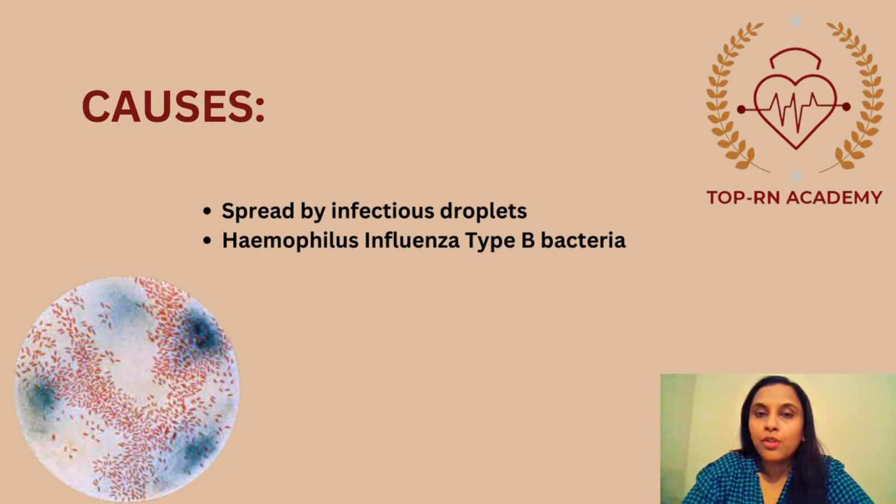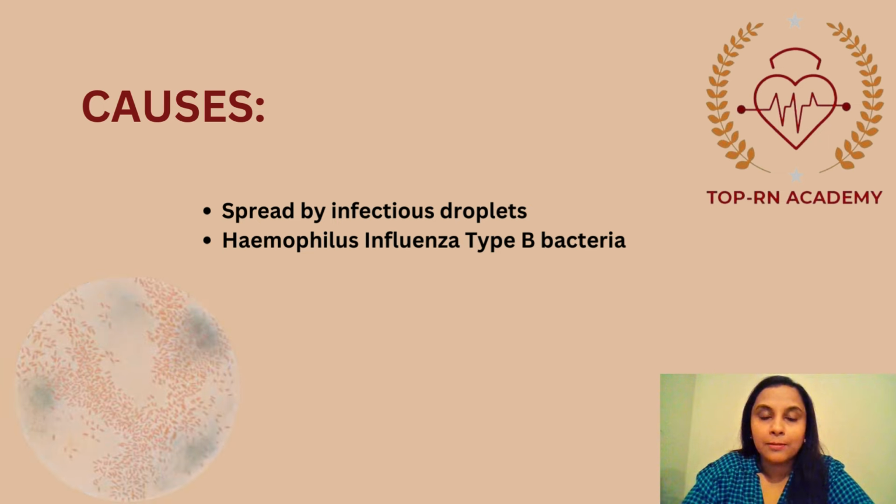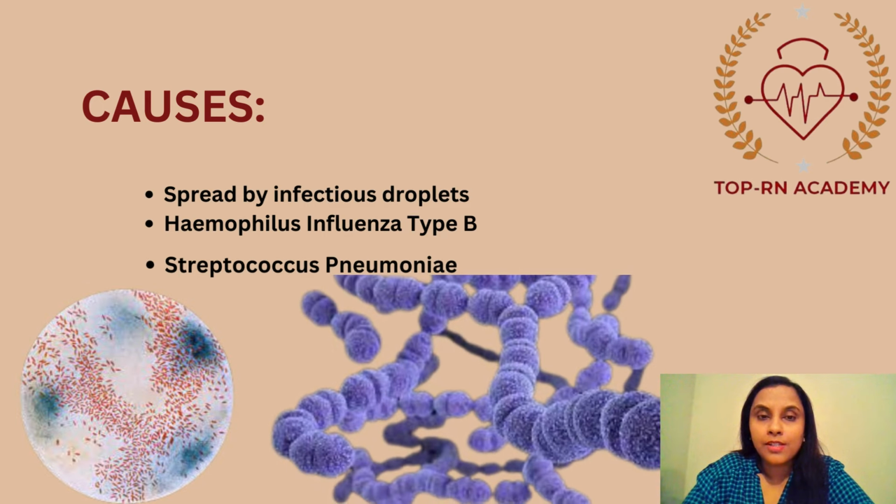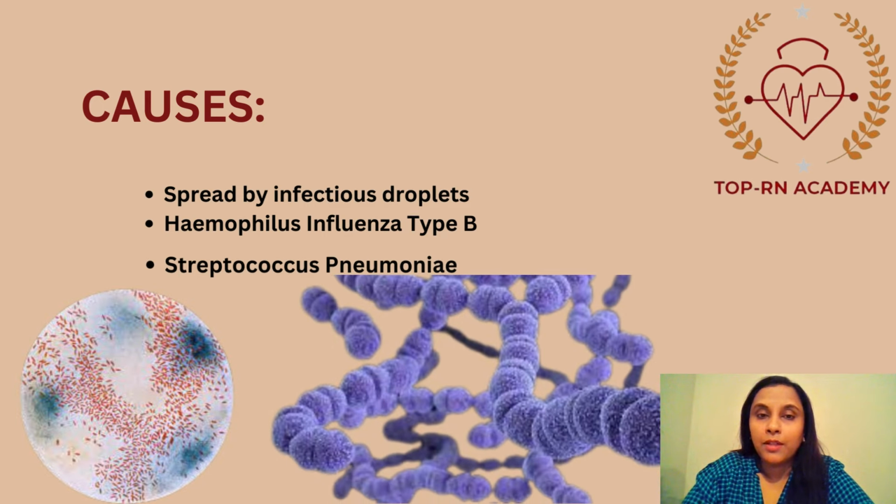So the children who are not vaccinated with the Hib vaccine, which is for the prevention of Haemophilus influenzae type B bacteria attack, are at more risk. The vaccine is given at 2, 4, 6 months, and then the fourth dose is at 12 to 15 months. Children who are not vaccinated are at more risk of getting epiglottitis. Another causative organism is Streptococcus pneumoniae, but the main and most common one is Haemophilus influenzae.